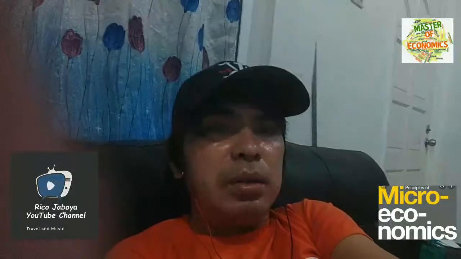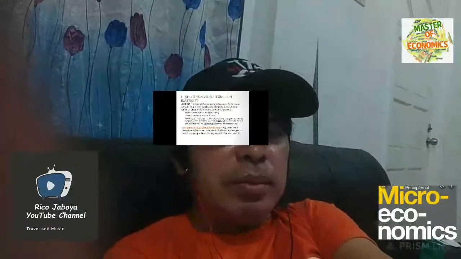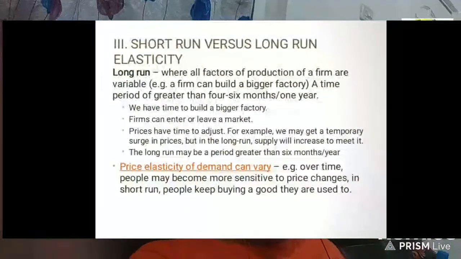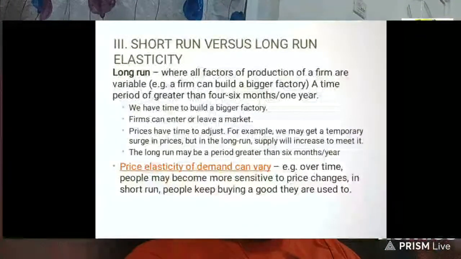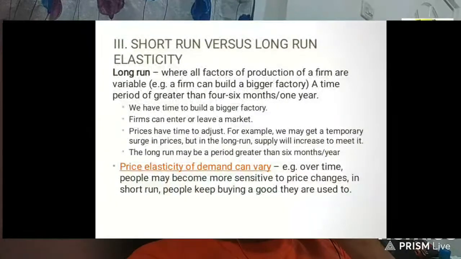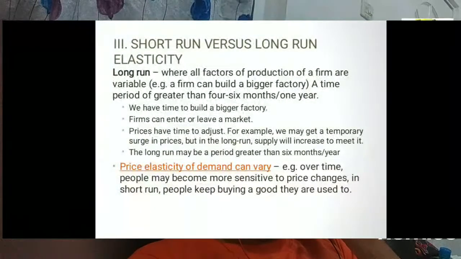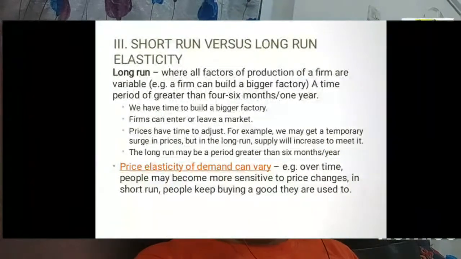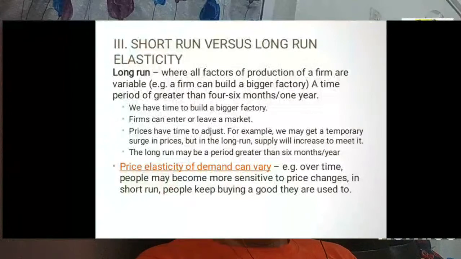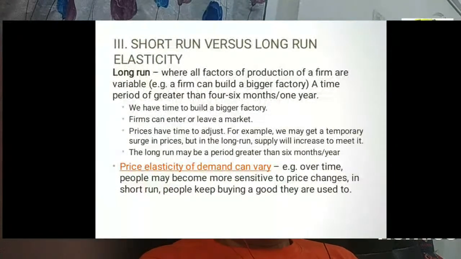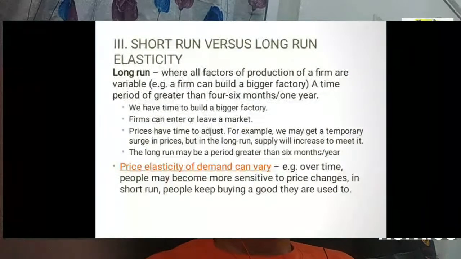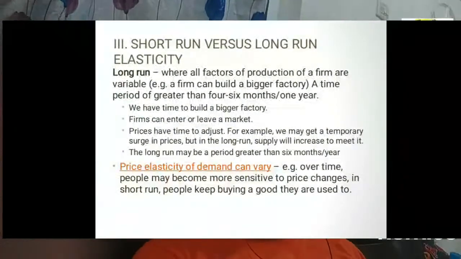Okay. Next is, all right, let's see this one. Short run versus the long run elasticity. Now, in long run, where all factors of production of the firm are variable, like building a bigger factory, a time period of greater than 4 to 6 months, no, that will be a year.